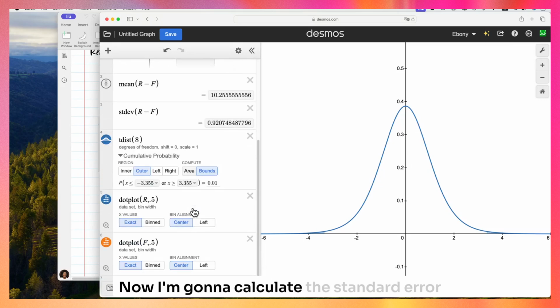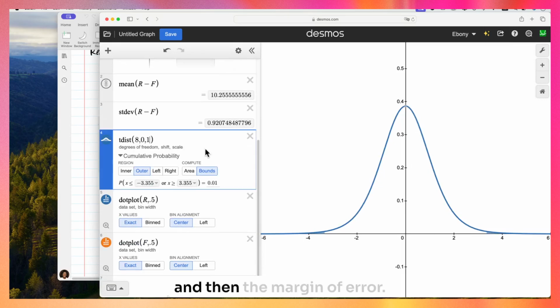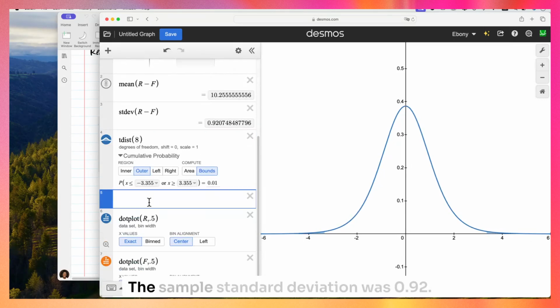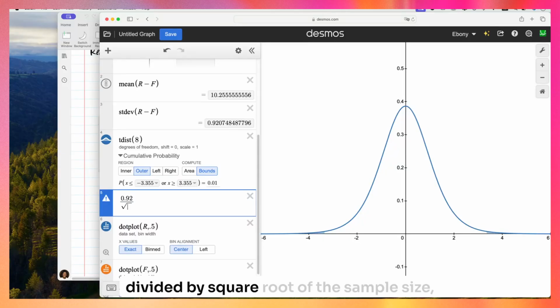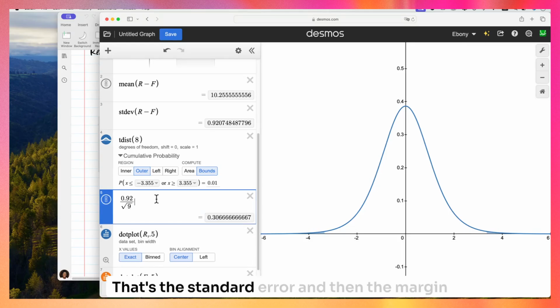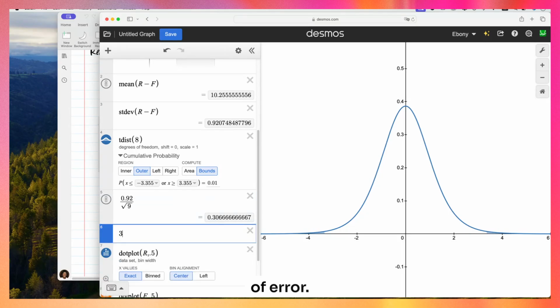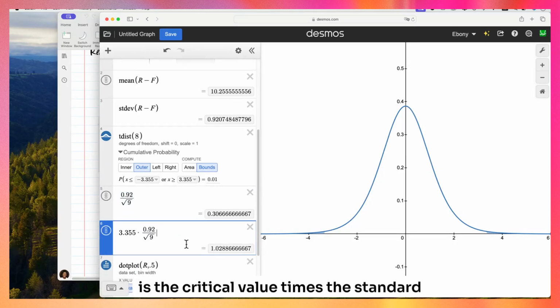Now I'm going to calculate the standard error and then the margin of error. The sample standard deviation was 9.200 divided by the square root of the sample size, which is 9. That's the standard error. And then the margin of error is the critical value times the standard error.